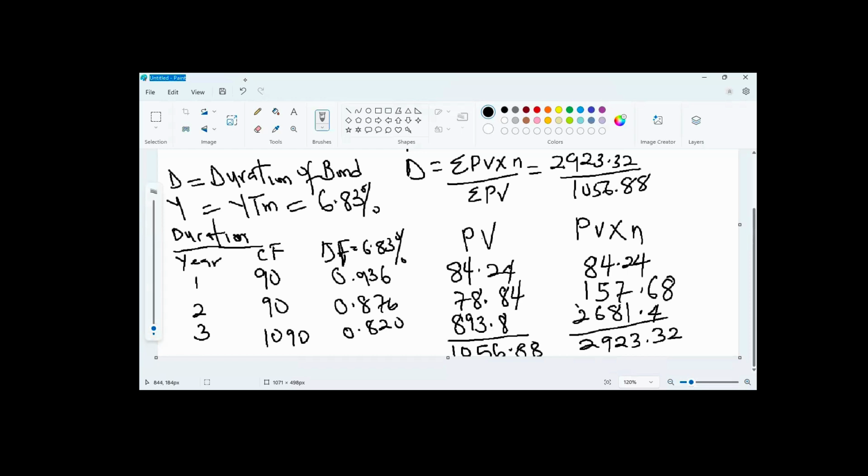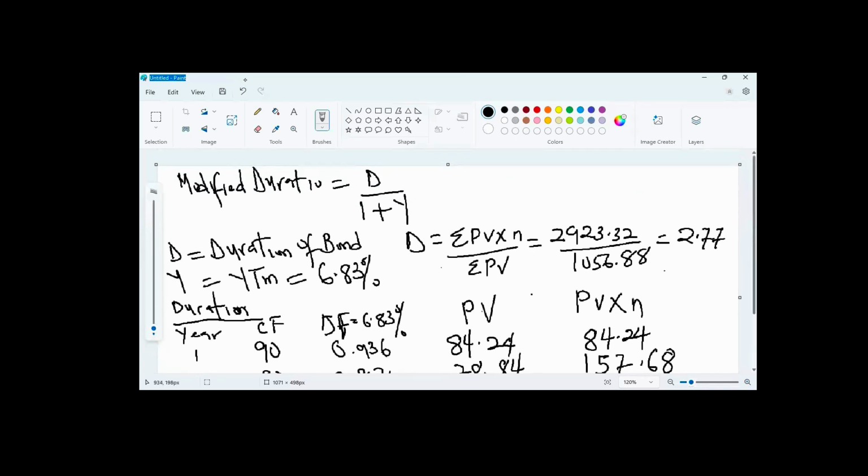What do you have, please? 2.77 years. You have just gotten the duration. You can now compute your modified duration.